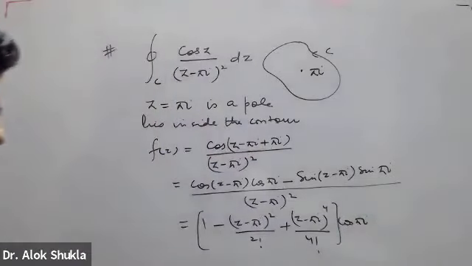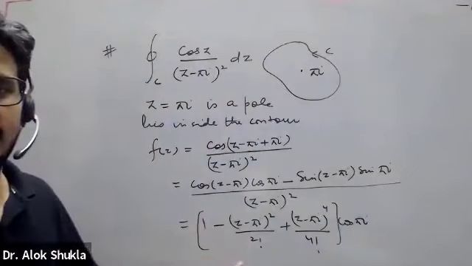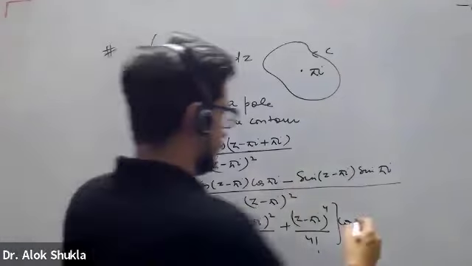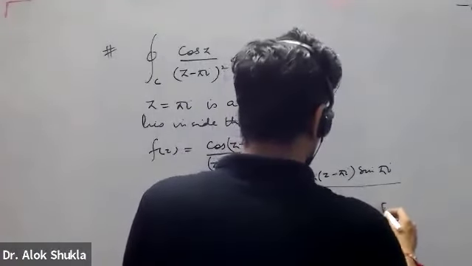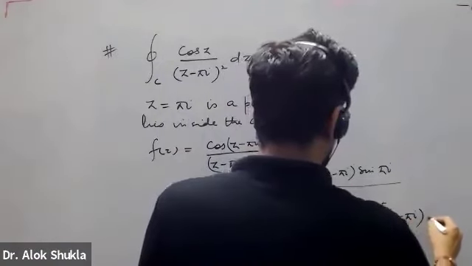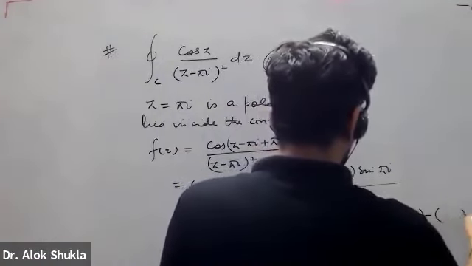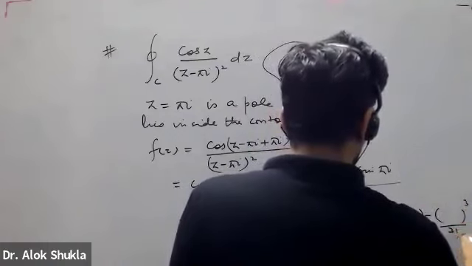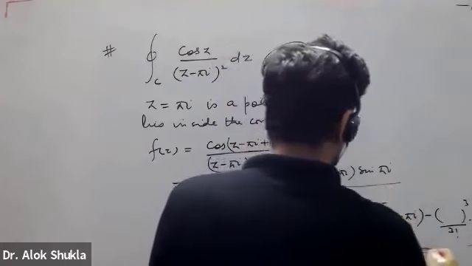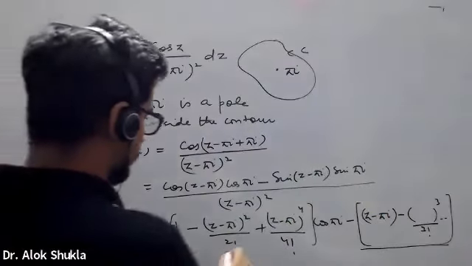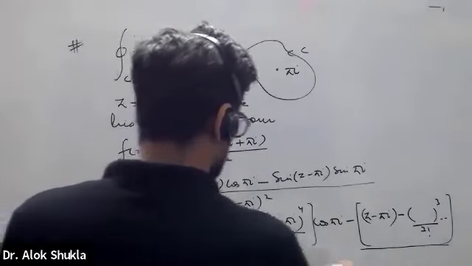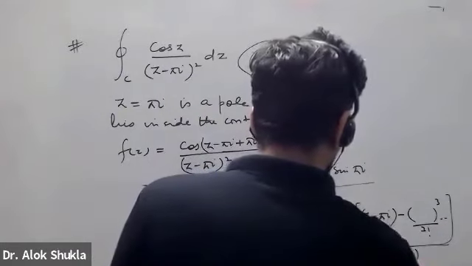Yes? And we will not get any coefficient of 1 upon z minus pi i from here, but we will get it from here. Minus, if you see, the first term itself will be z minus pi i, and the second one will be the cube, like this, over (z minus pi i) square.